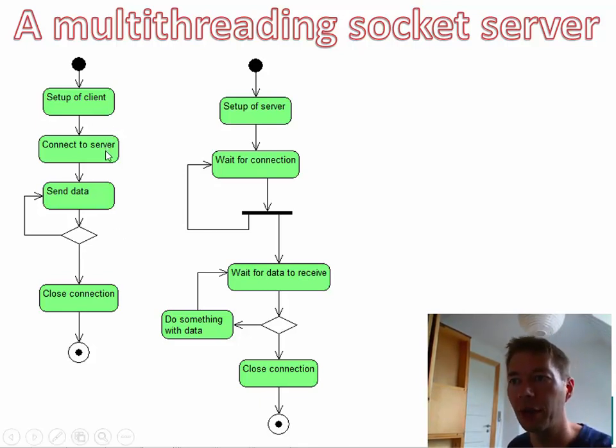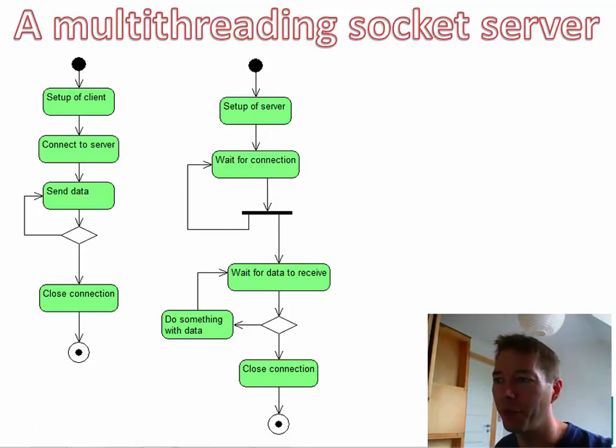We set it up, it connects, it transmits data. We have the loop here, a do-while loop, and it can close the connection. So we're done with the client, we're happy here. But how about this? It looks a bit different, and it's because first of all we're setting up the server as we did before, and then we wait for a connection as we did before.